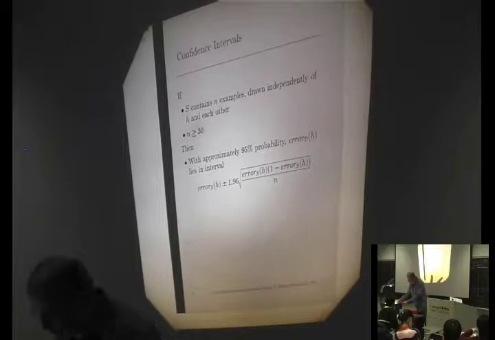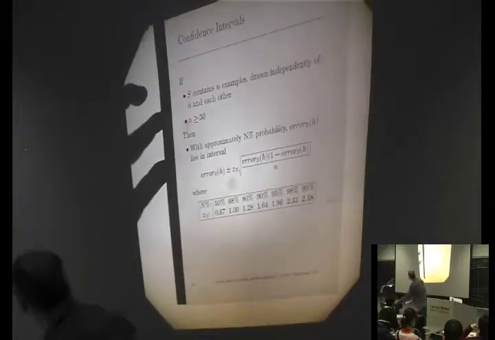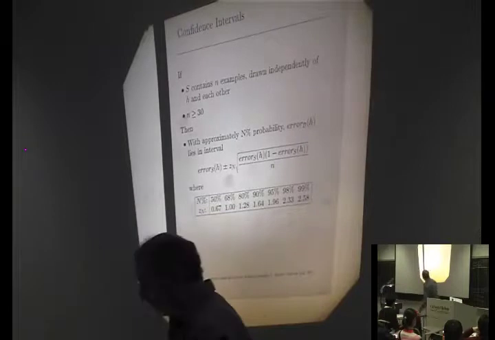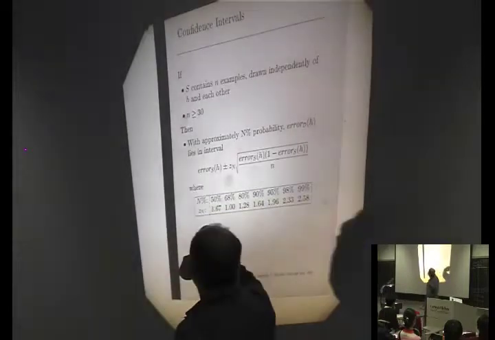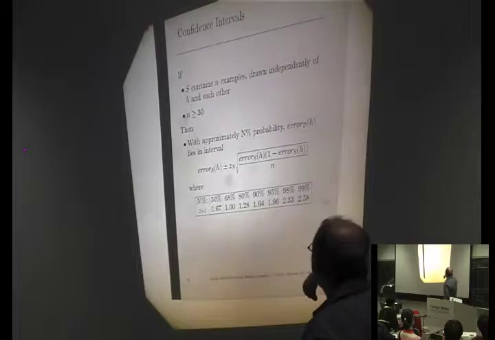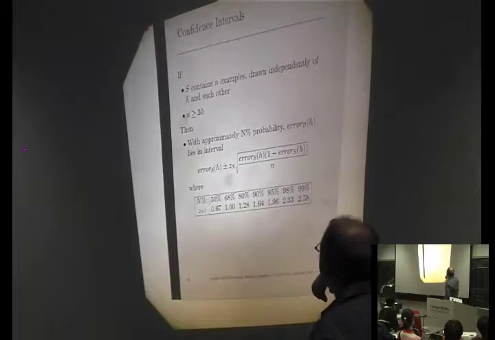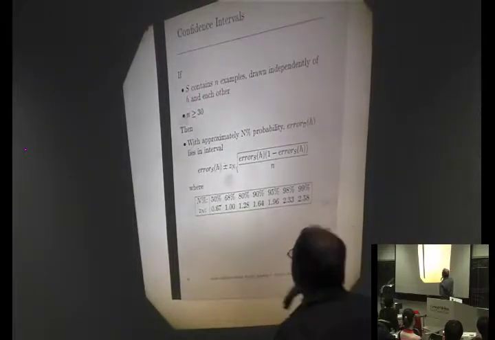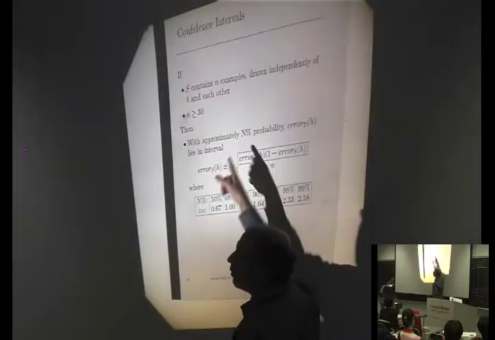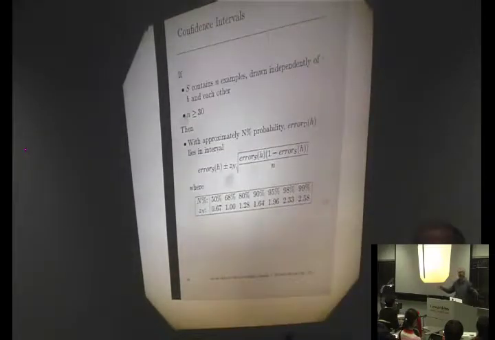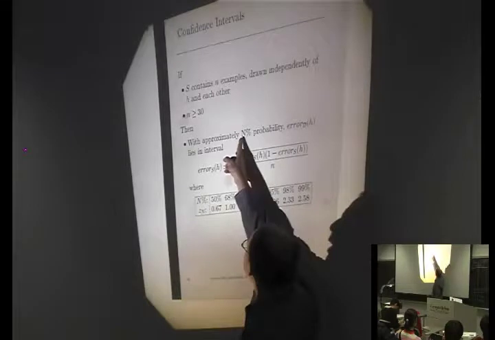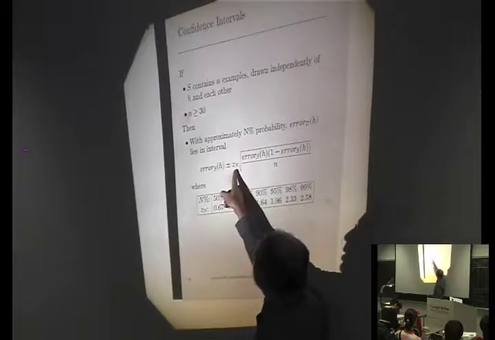Here is a more general form. So exactly the same conditions. We have that n greater than 30 condition there. And now the general formula is that if you want an n% probability of capturing the true error in the interval that you're setting, you should use this interval where the n found its way to this n here.